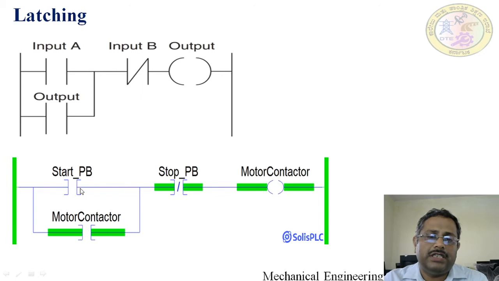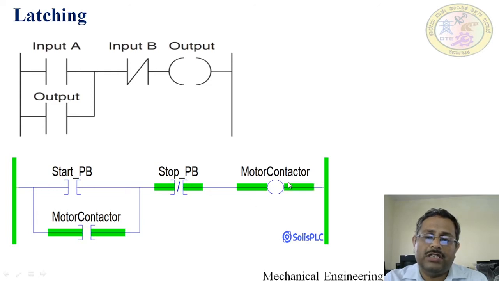See here, there is a start push button, a stop push button, and a motor contactor. If we close the start push button, the flow will continue and the motor will be turned on. After the start push button is released and open, the motor contactor remains switched on.